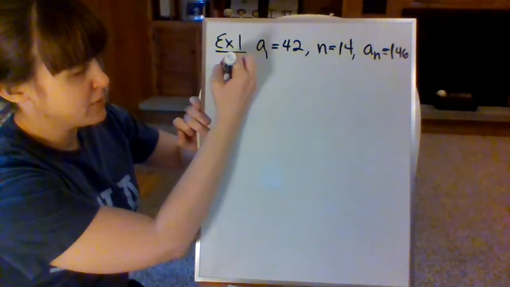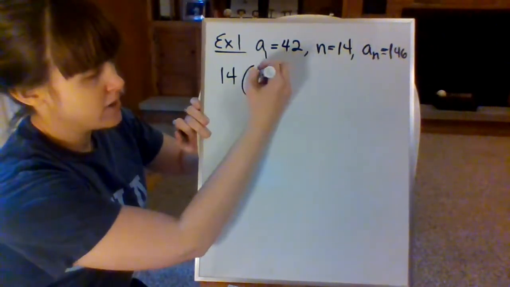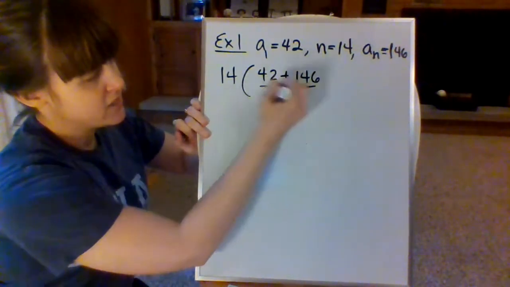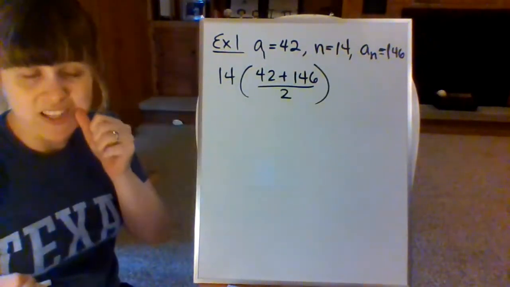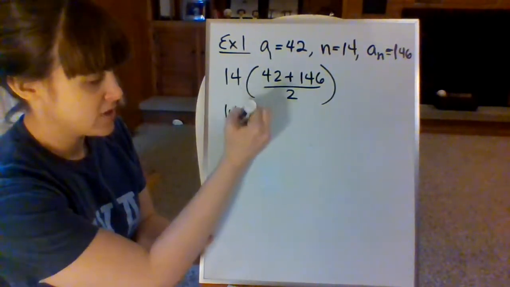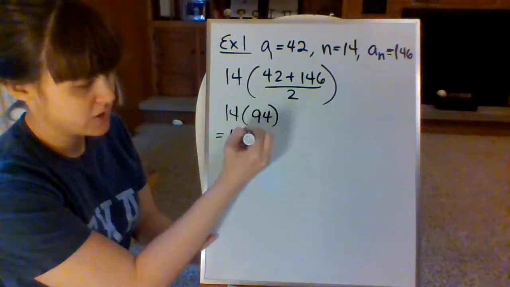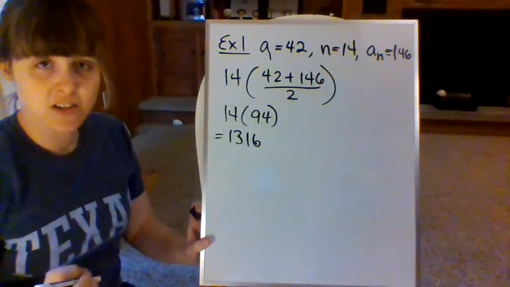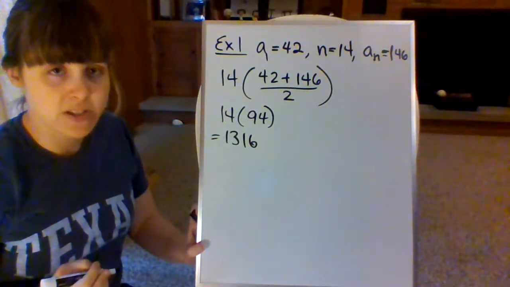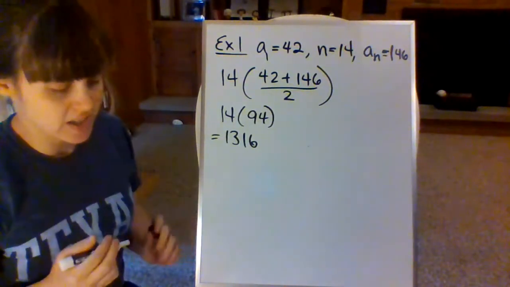We're going to take n, which is 14, times a1, which is 42, plus an, which is 146, divided by 2. This turns out to be 14 times 94, which equals 1316. So the sum of that arithmetic sequence, the arithmetic series, equals 1316.